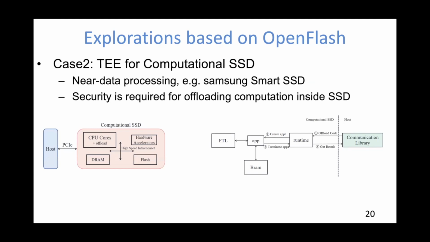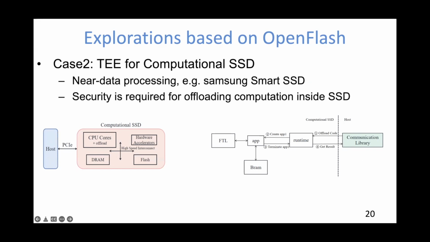The second exploration is related to near data processing. The left figure shows the internal architecture of the SSD when used for near data processing. As you can see in the left figure, we have hardware accelerators or multiple CPU cores, which are used to run offloaded processing tasks. The right figure shows the basic procedure of near data processing.